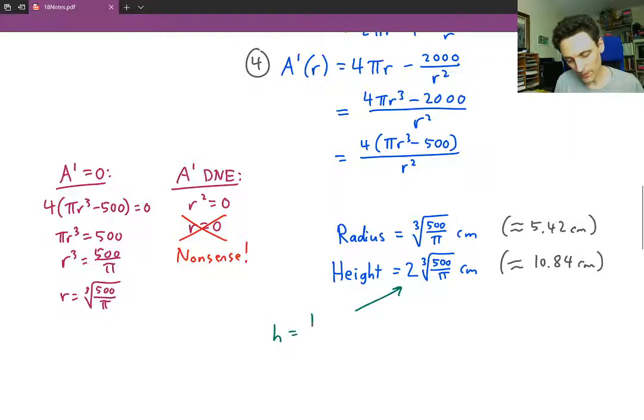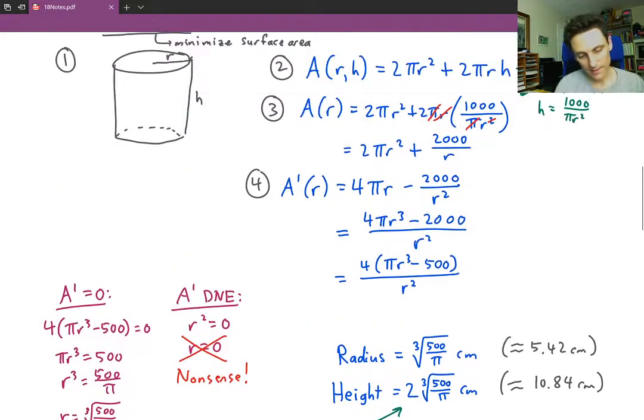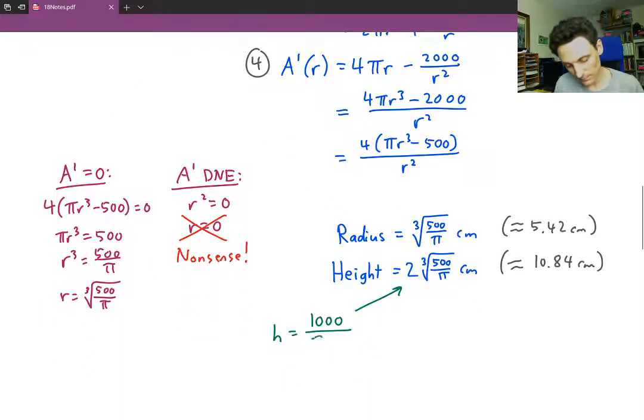We found that by plugging the radius back into that equation here, 1,000 over pi r squared. So that's 1,000 over pi times the cube root of 500 over pi squared.